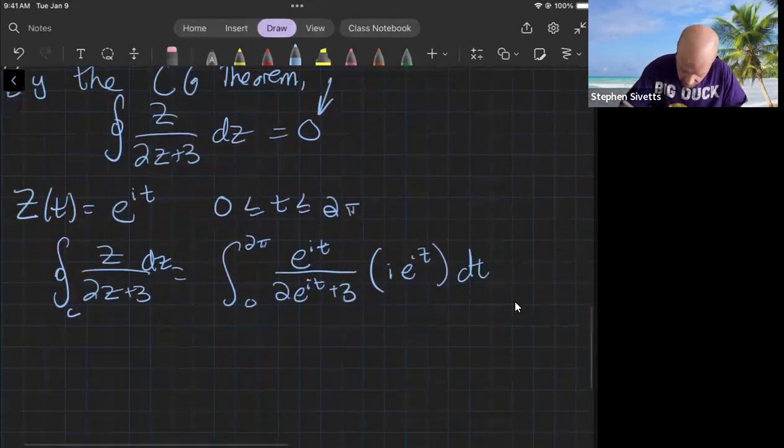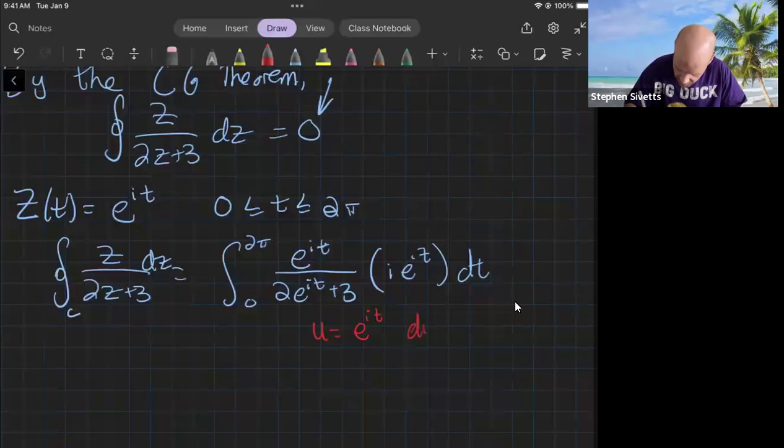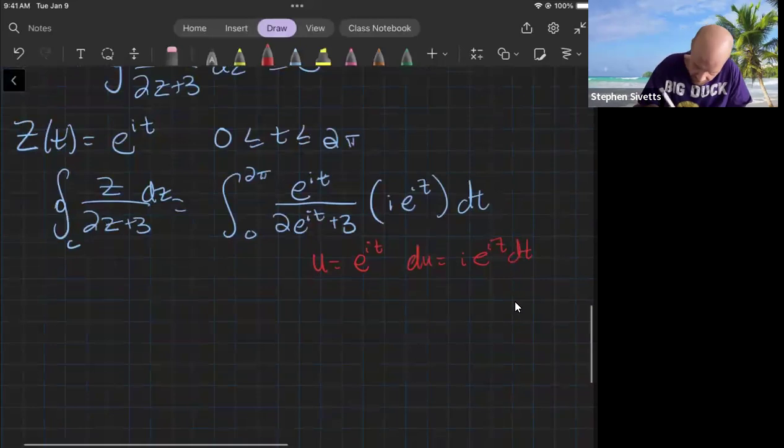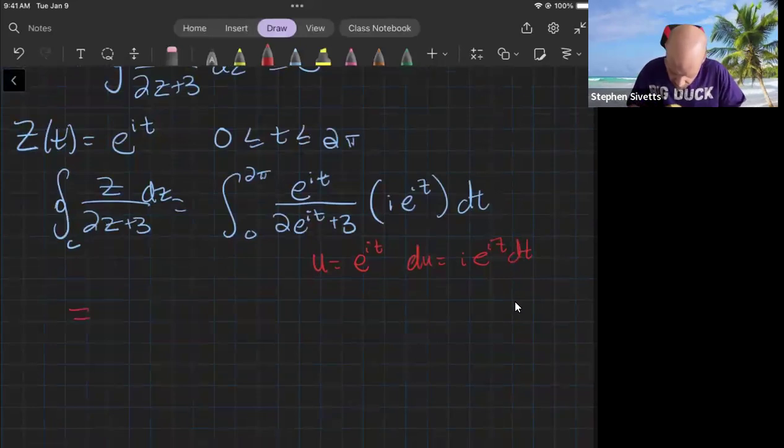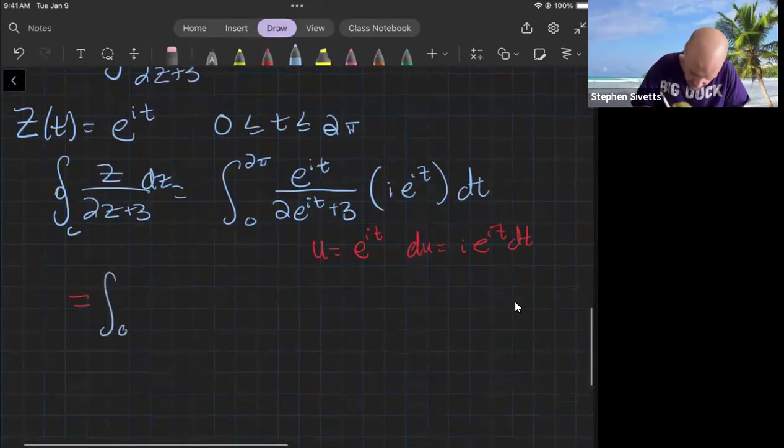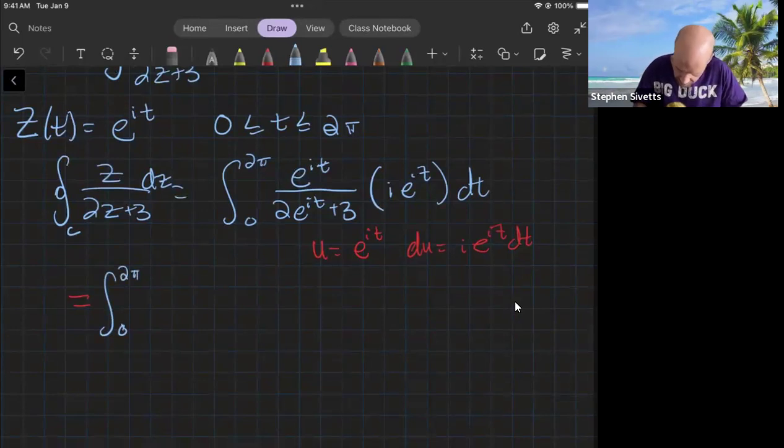Okay. We can do a u substitution. u equals e to the it, and then du is i times e to the it dt. So in terms of u's, I'm going to leave out the limits in t here.